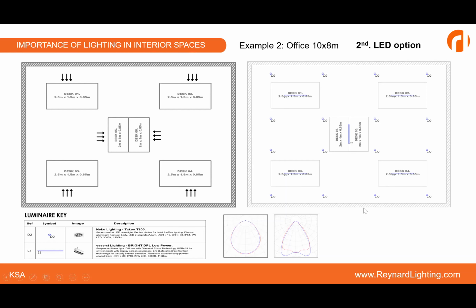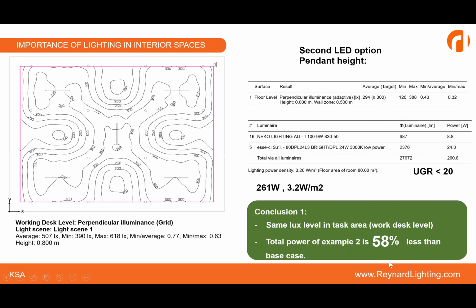So with this setup, I will again be achieving the 500 lux on the task on the desk itself. Total power is 261. LPD, light power density, just 3.2 watts per square meter, and a UGR of less than 20, which is again tolerable, close to 19. And I'm saving 58% compared to the base case.